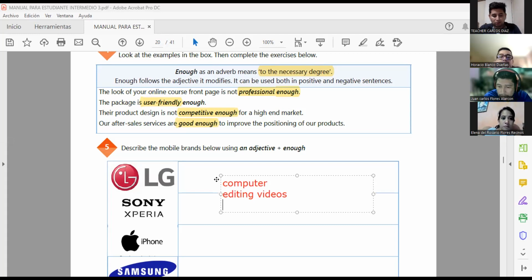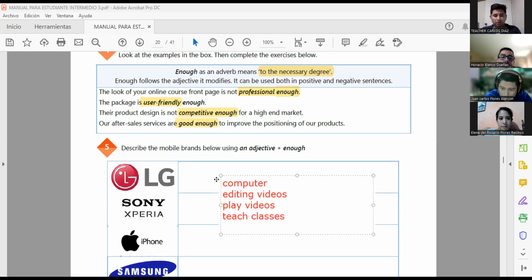I need a computer to play videos. I need a computer to teach classes. And what computer do you think I can buy? What computer do you recommend me?